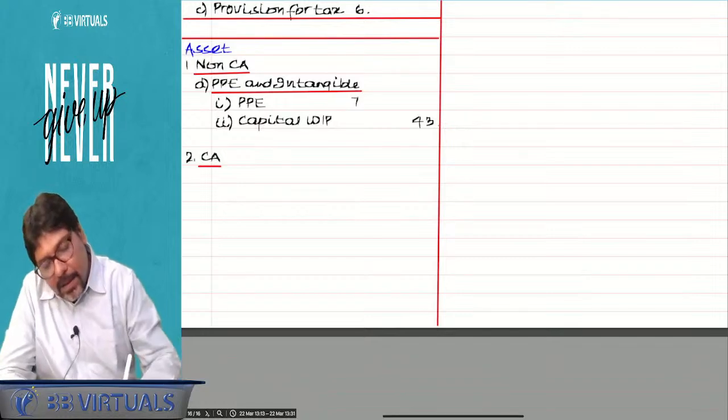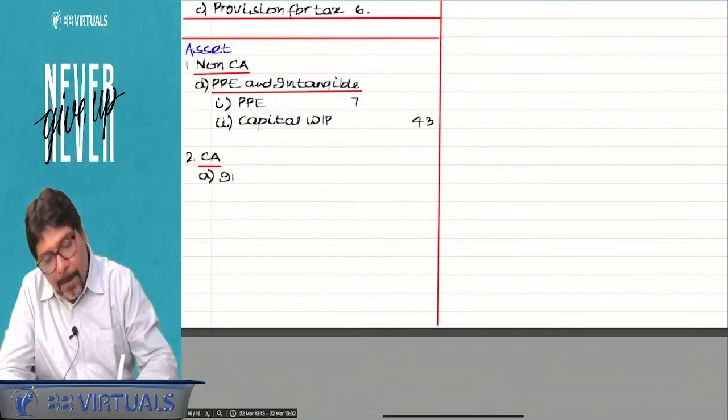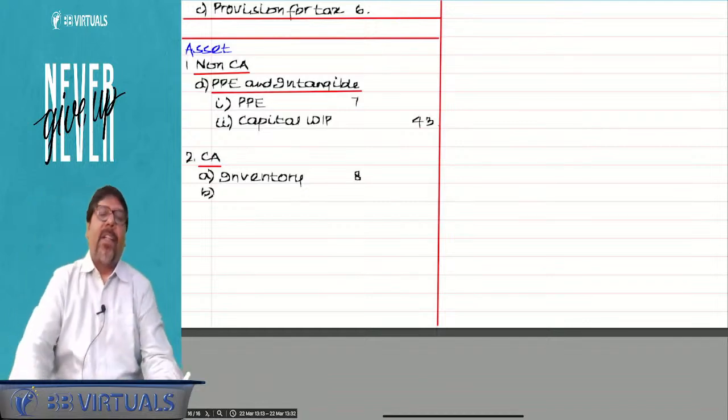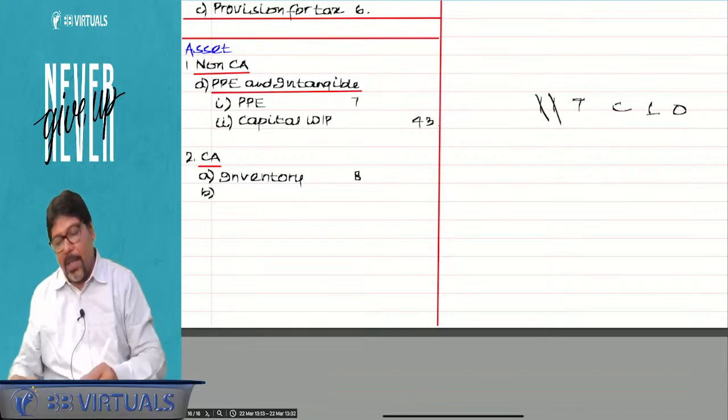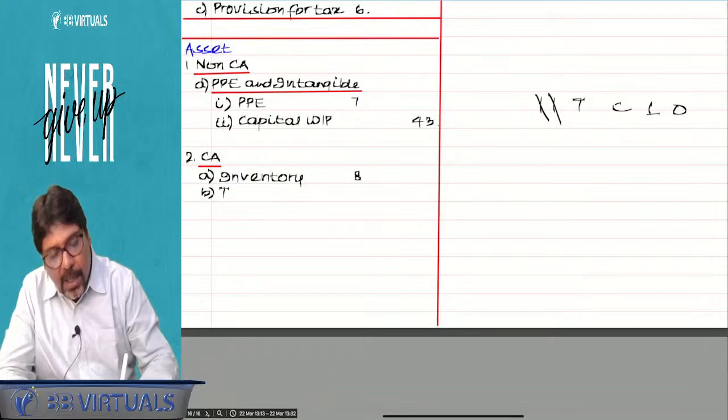Now B is inventory. That is there. After that, ITCLO. I is investment done. Inventory over. Trade receivables is there.